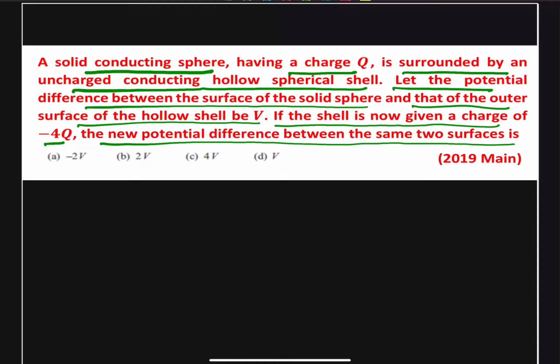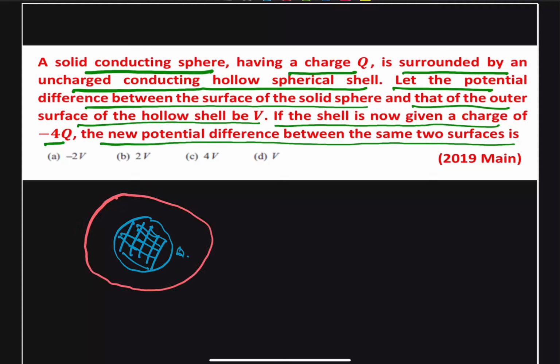In the first case, we are having a solid sphere, and the solid sphere is having a charge plus q, and around it there is a shell, and it is uncharged.